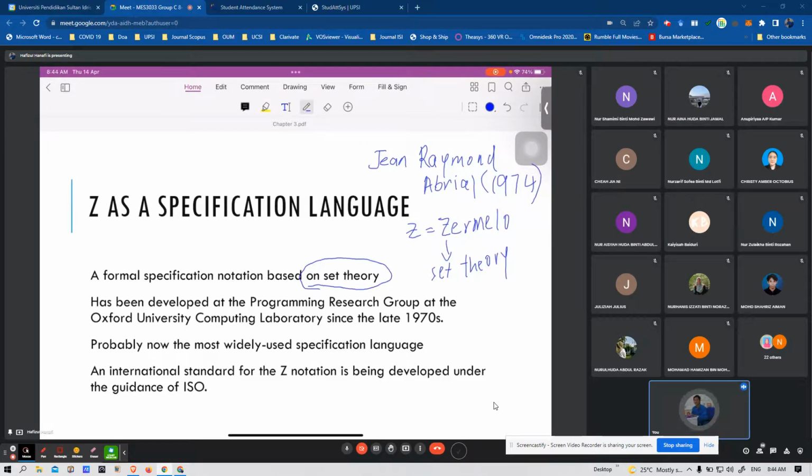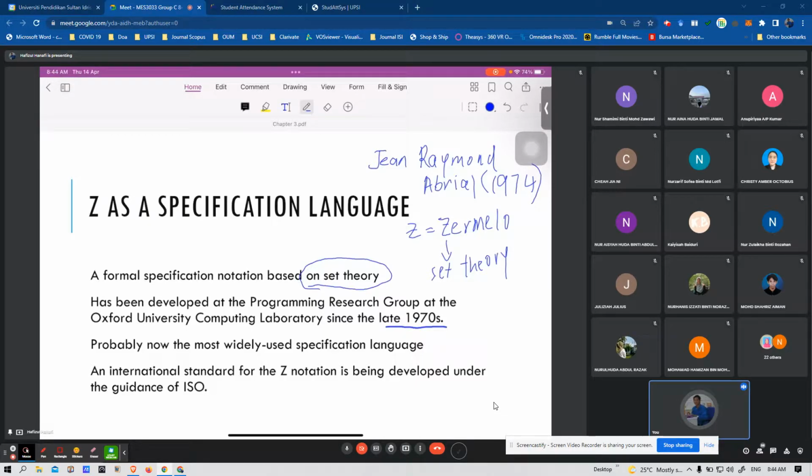He used several mathematical notations that would later be taught at the University of Grenoble at the end of the 1980s. Abrial also wrote internal notes on the Z notation, which was developed further in a programming group at Oxford University since the late 1970s.